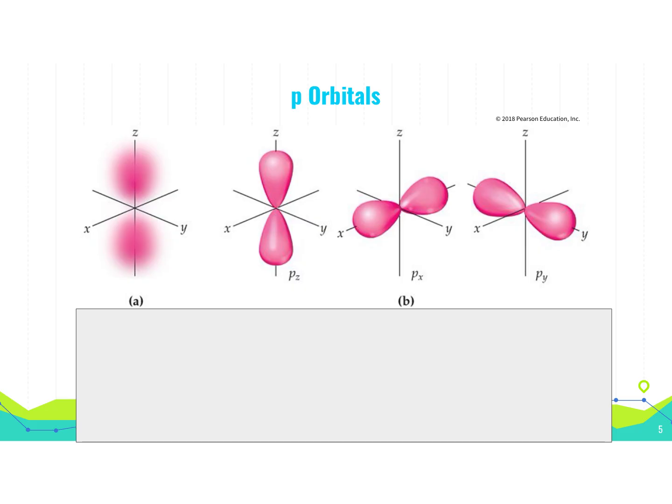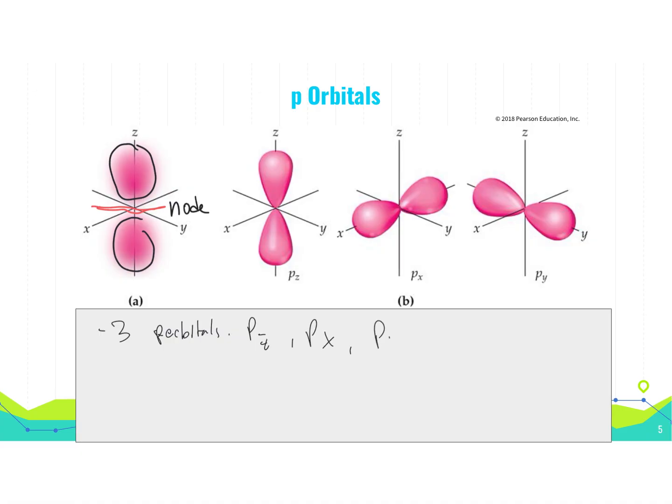Next, we have our p orbitals. Again, here's our density function that shows there's a high probability of electrons here as well as here. If you notice, in between these two, we have this area where there are no electrons likely to be found, and this we call a node. For the p orbitals, we have 3 p orbitals, known as pz, px, and py.